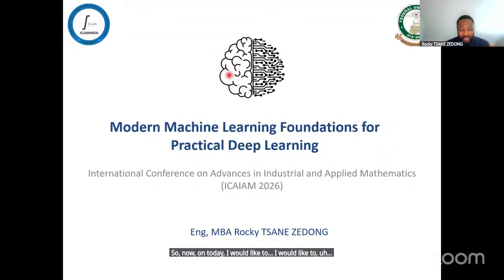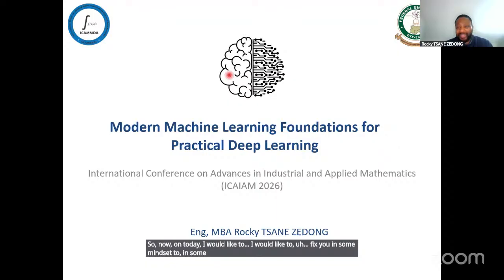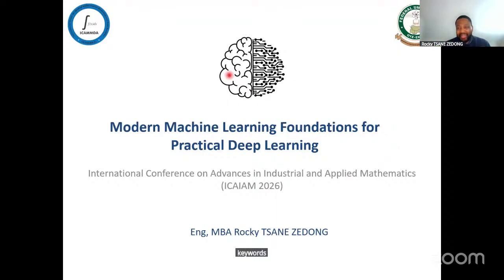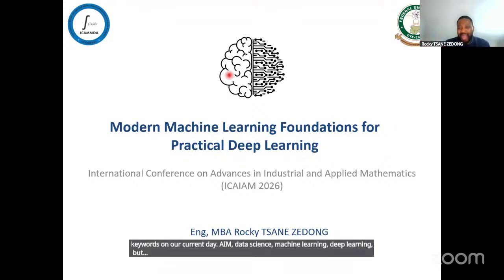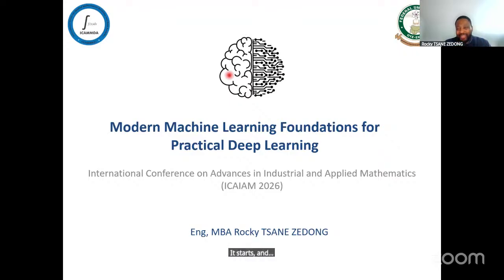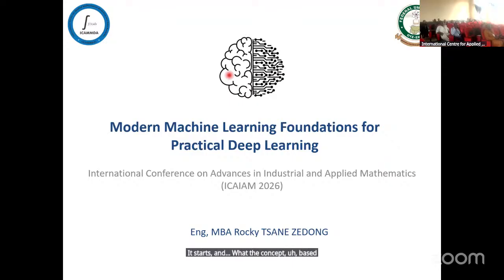So today, I would like to fix in your minds some concepts, because we have keywords in our current day: AI, data science, machine learning, deep learning. But where is the starting point? How does it start, and what is the concept behind all this technology?